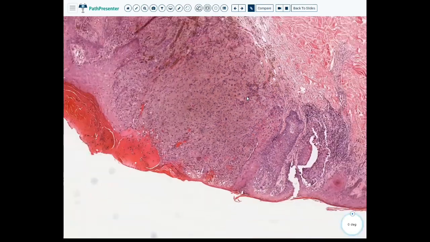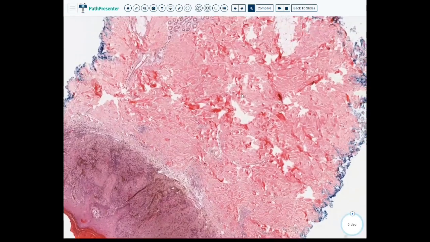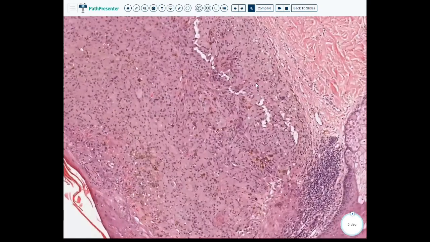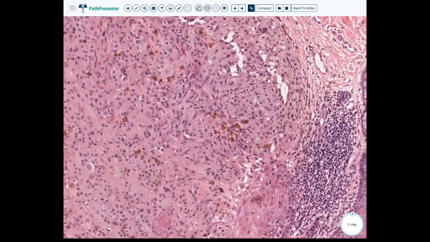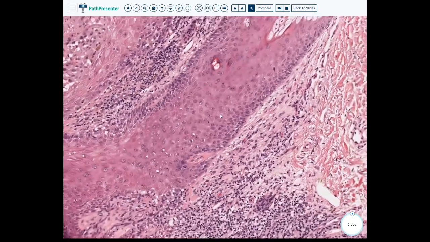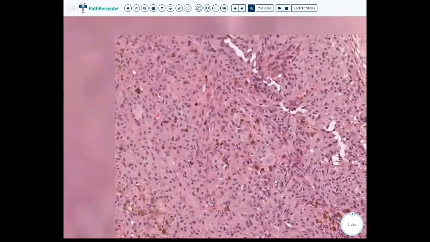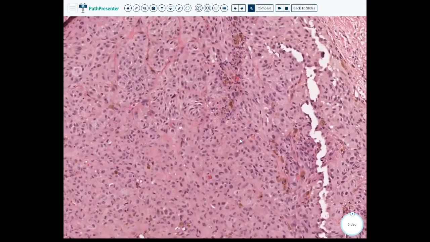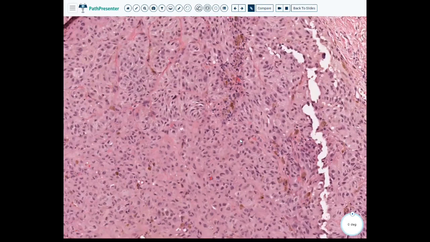I think those are all melanocytes, but let's see what the other pieces look like. That looks like a giant cell, maybe. This looks similar to the previous piece, which is okay, because this is actually showing us what we need to see too.